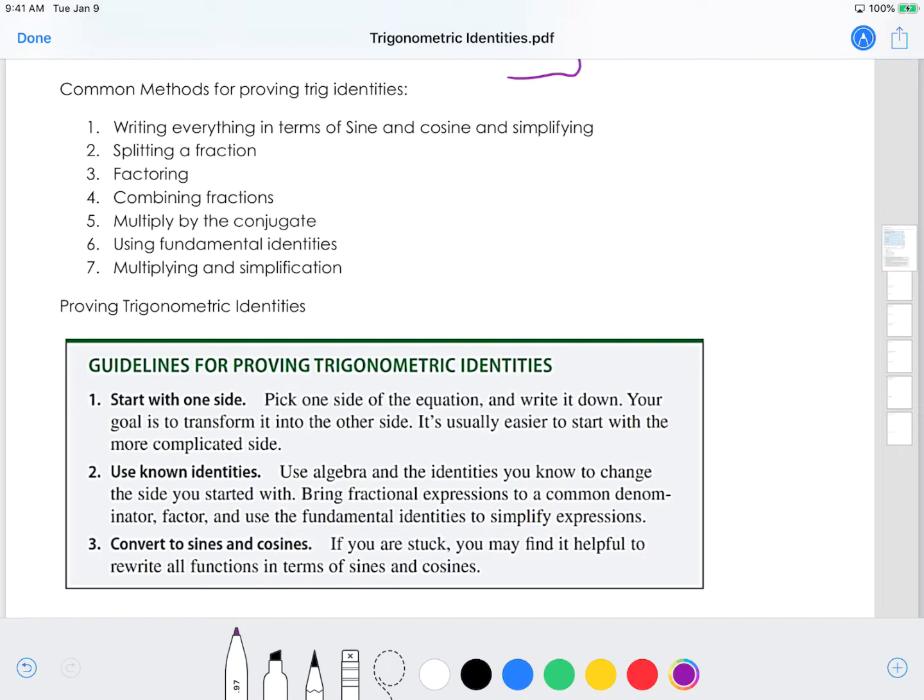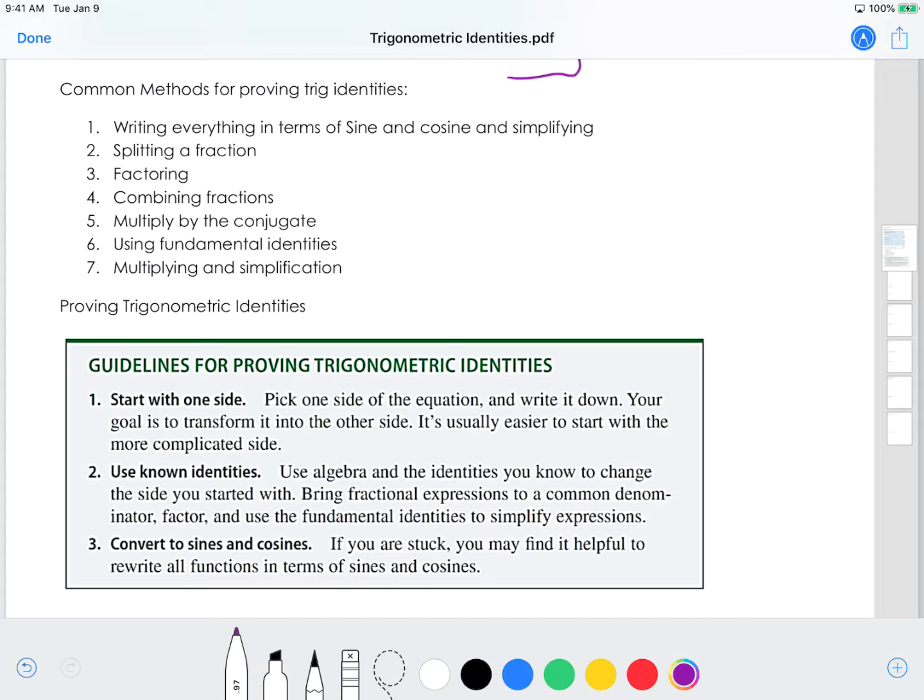Now, when you are proving a trigonometric identity, the easiest way to go about this is to look at the equation and pick the side that is the most complicated. Pick the side that has lots of fractions or square roots, because that means there's more there that you can work with.